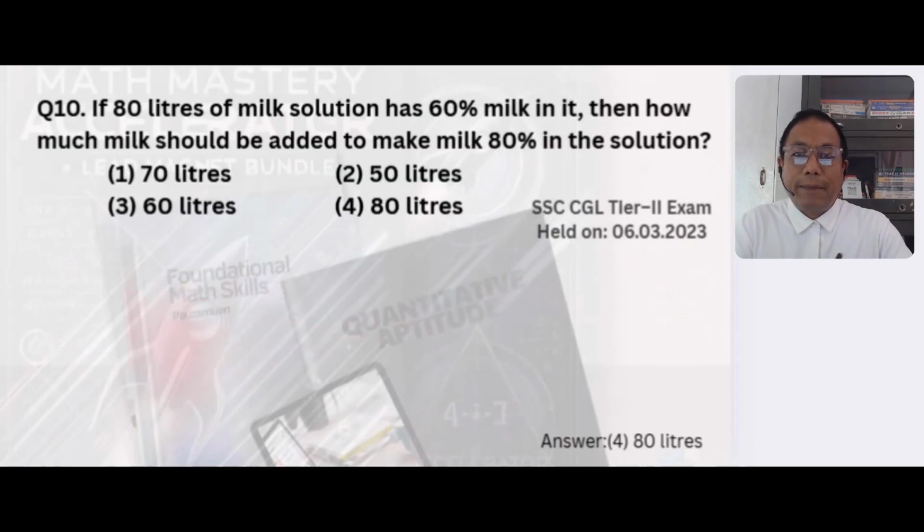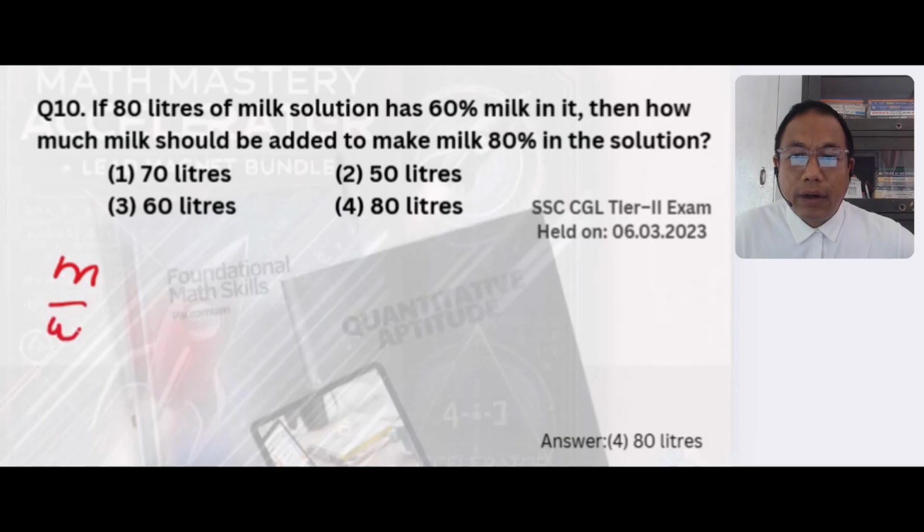Question number 10. If 80 liters of milk solution has 60% of milk in it, then how much milk should be added to make it 80% milk in the solution? Milk. I'll consider the other as water, okay?